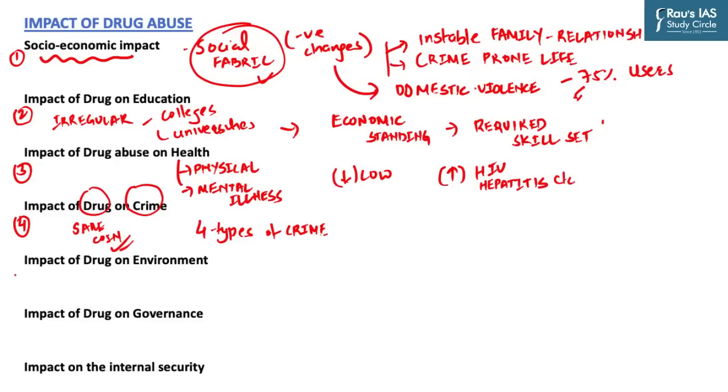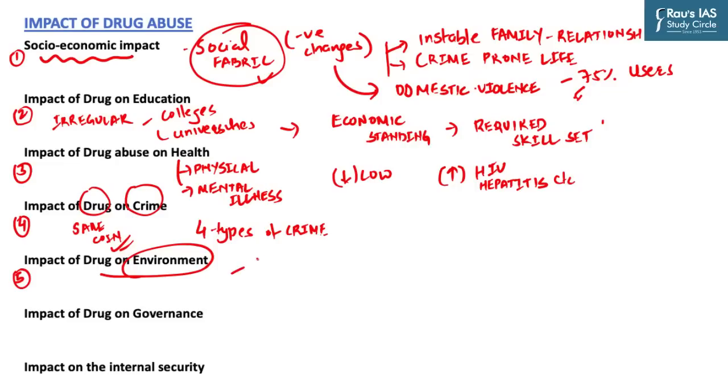Now, another important thing to understand is that drug abuse also has an impact on the environment, which may sound somewhat strange. Drug production in general impacts the environment also. The environmental damage found in any country will depend on the specific role of the country in producing drugs.